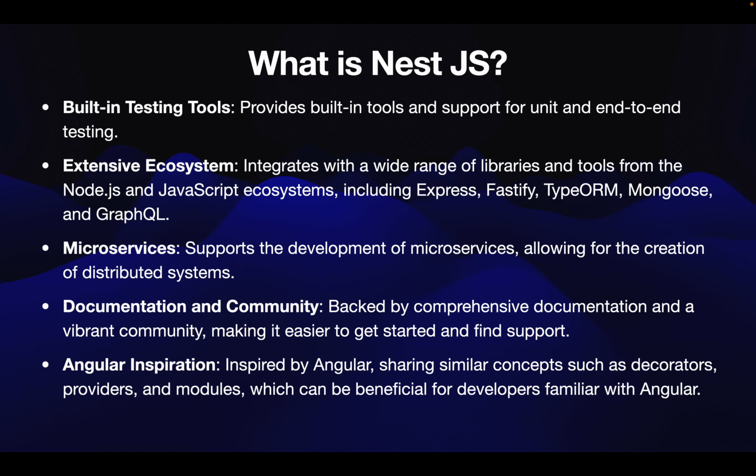That is also a main reason to adopt any framework: the availability of documentation and community. Nest.js may not have as big a community as others, but it does have Discord channels and other communities out there.